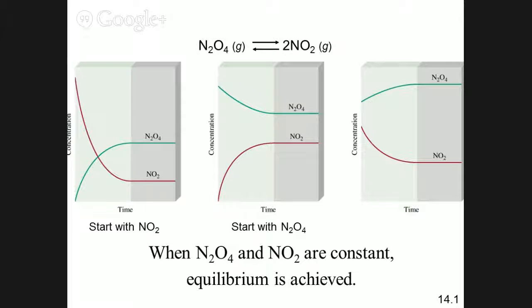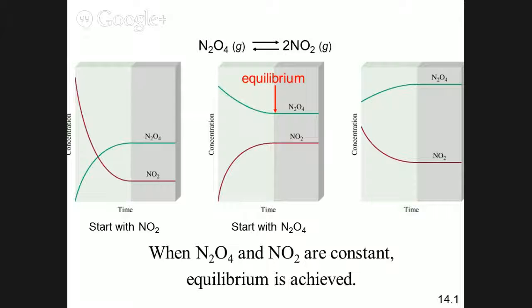We start with the N2O4, so it's the one that's up high, and the NO2 is down at 0. But again, once we hit equilibrium, the two things are constant. And notice they don't have to be at the same constant places. We started off with different amounts of things. We get to a constant place. It doesn't have to be the constant that it was in the previous situation.